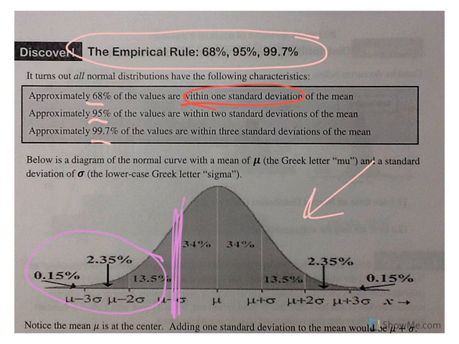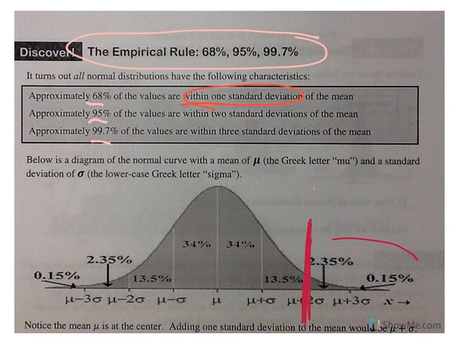Now number 5, hope you're not getting seasick from my going back and forth here. Number 5 talks about to the right of mu plus 2 sigma. Well, mu plus 2 sigma is right here. So to the right of that would be these 2 values, add them together, and I would get 2.5%. And number 6, if all the percentages of the diagram add up together, it's all the data, so you would have 100%.